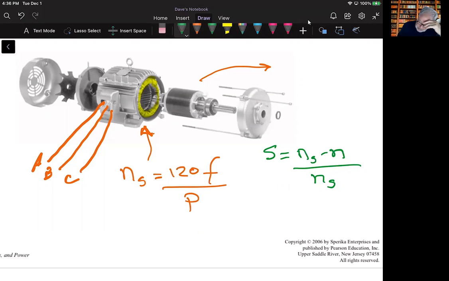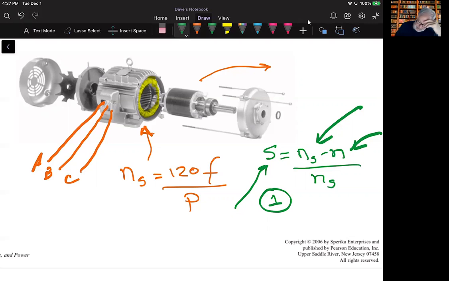This is the slip, this is the synchronous speed, this is the rotor speed. Something to remember: at startup, the slip is approximately 1, because the rotor speed at startup is 0. So synchronous speed minus 0 is synchronous speed, divided by synchronous speed, which gives us 1.